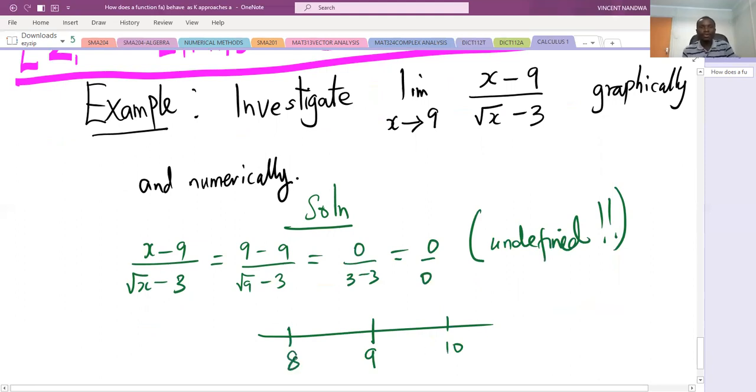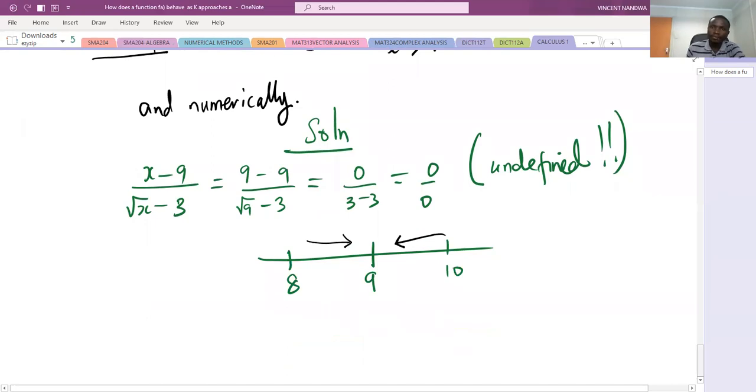So we try to get values of the function as we move from 8 going to 9, and then moving from 10 going to 9, but not necessarily at the point 9 itself, because we have seen that the function is not defined at the point 9 itself. So we draw a table.